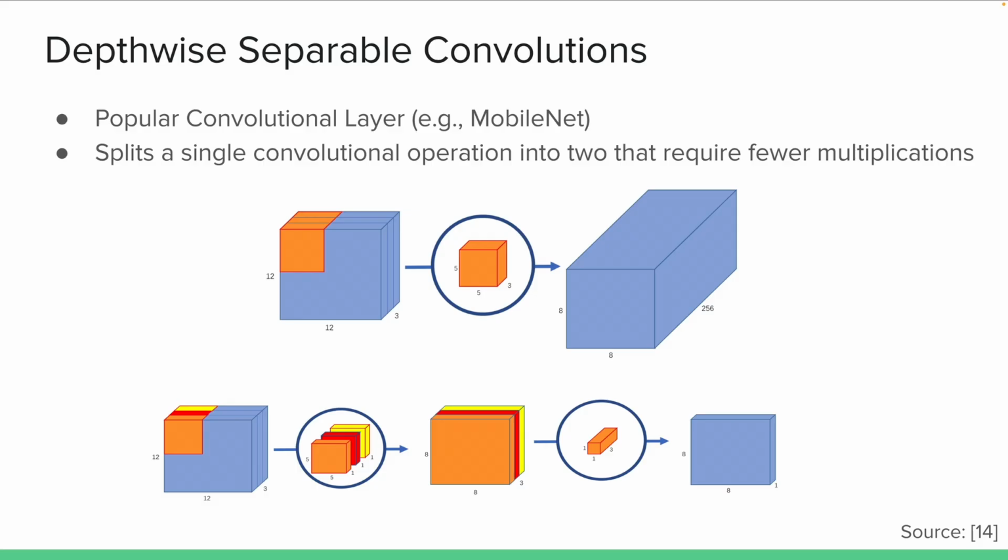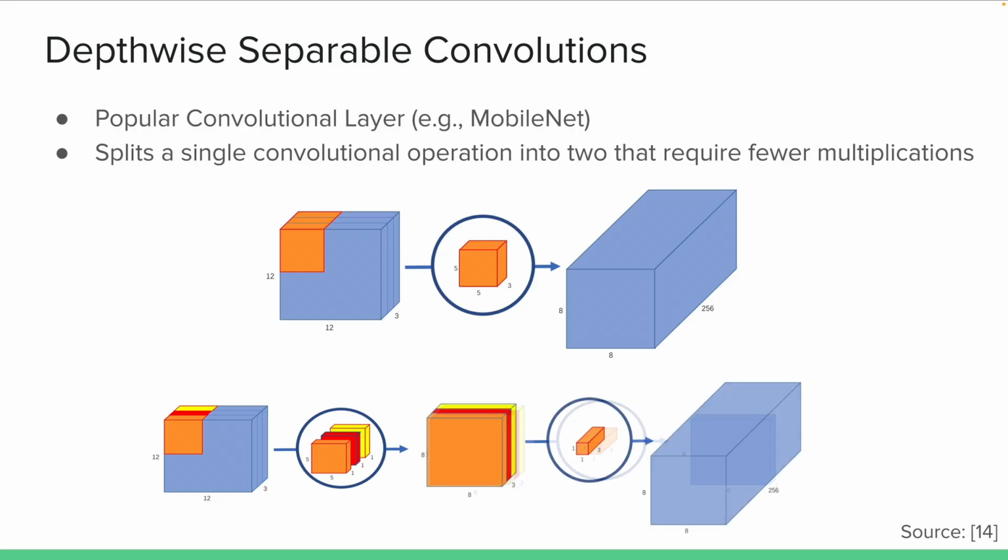And of course, if we want to have more than one output feature map, we just replicate the last part here 256 times to get our 8 by 8 by 256 output volume. Now, why are we doing this? It basically looks like we're making it more complicated.